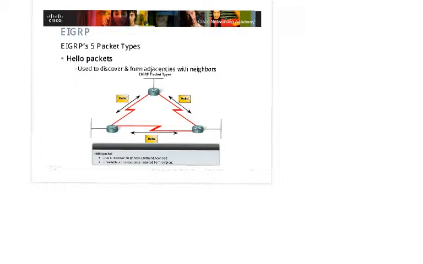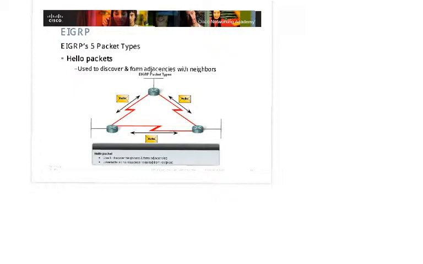The hello packets are sent in unreliable mode, so the reliable transport protocol used as part of EIGRP uses the unreliable mode to send the hello packets.